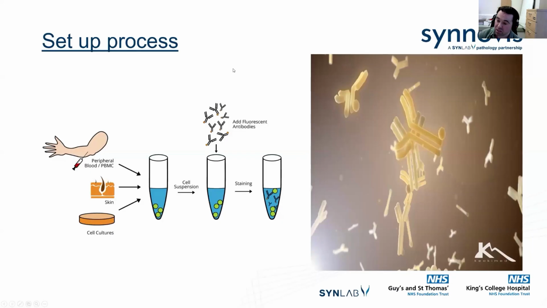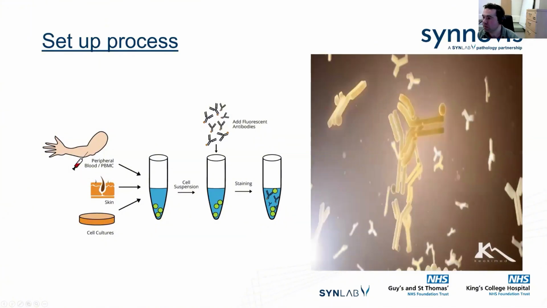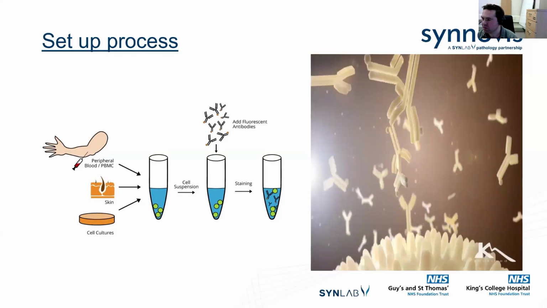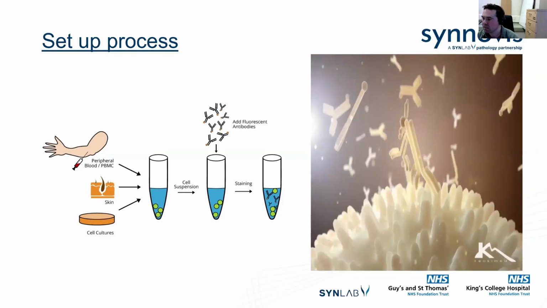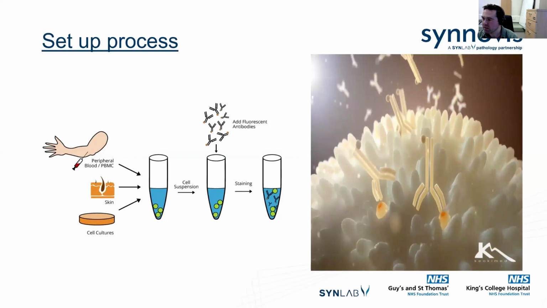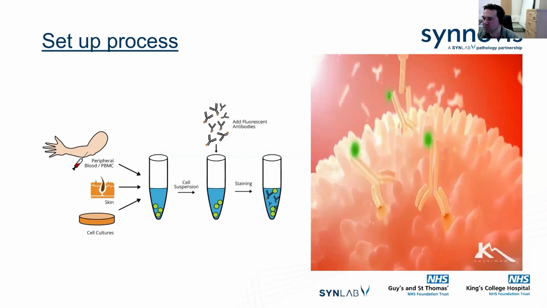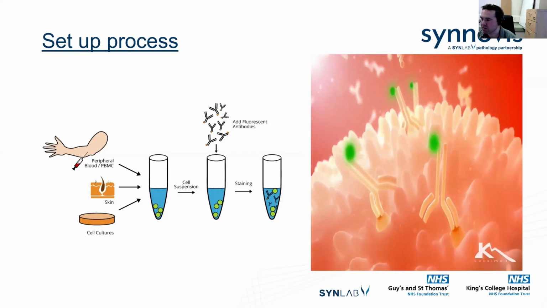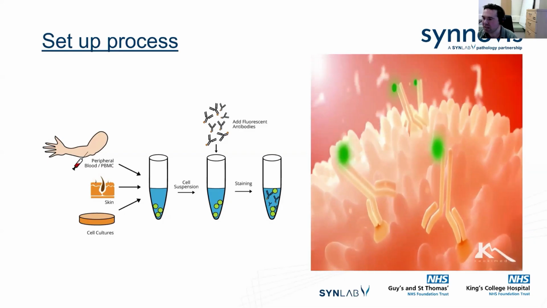After incubation in the dark, we lyse the red cells, and then we wash away those red cells and the debris, and we run it through the analyzer, and we pick up the data. So this is another animation, just sticking to the surface. Laser shines a light, and then that light is picked up by detectors within the analyzer.